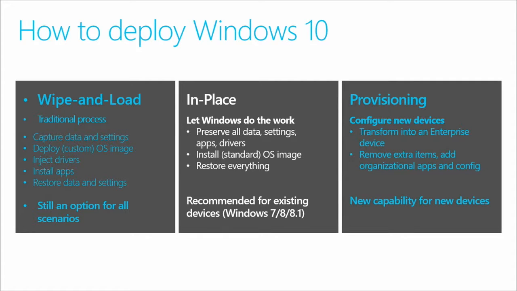We have this wipe and load process that we've been teaching companies to do using tools like the Microsoft Deployment Toolkit, System Center Configuration Manager, the ADK, to capture the data and settings from an existing machine, deploy a new OS image to the machine, inject the drivers for that particular model of machine, and then reinstall the applications and put all the data back.